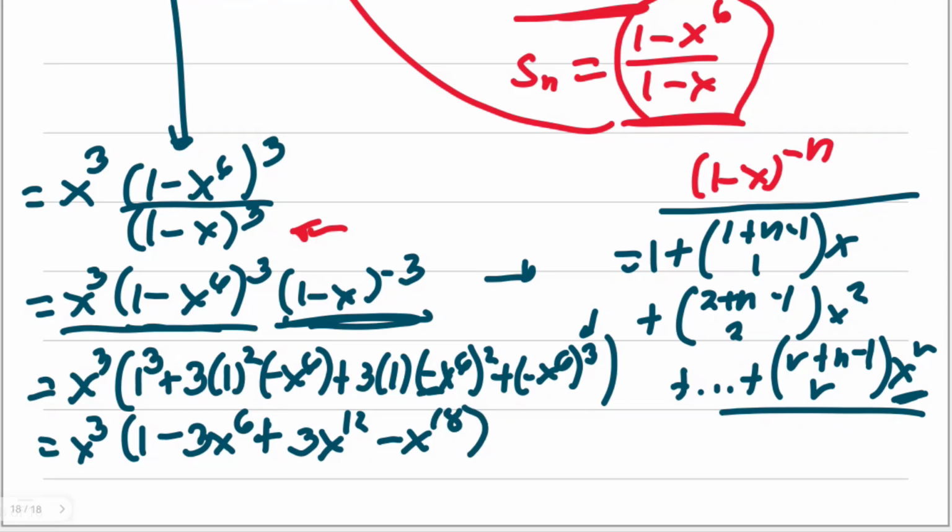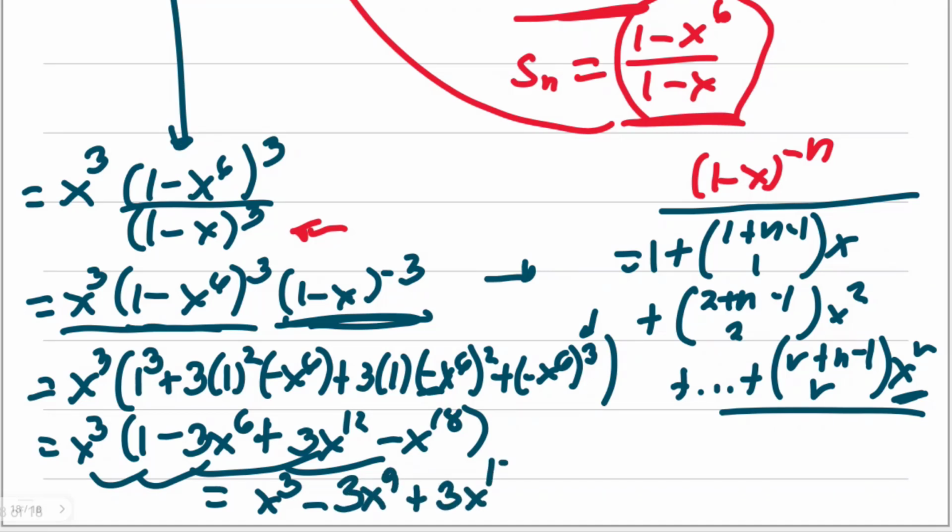Okay, which can be simplified when you distribute that to all the terms. This x cubed, okay, x cubed minus 3x to the power of 9 plus 3x to the power of 15 minus x to the power of 18. But this is actually, sorry, not 18, plus 3, you'll have actually 21.